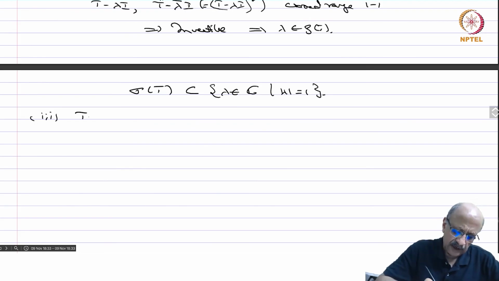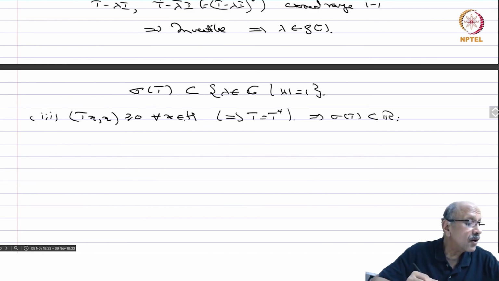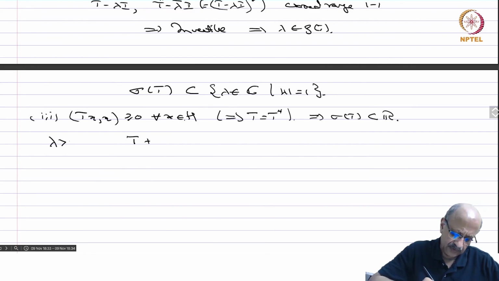So you are given that (Tx, x) is greater or equal to 0 for all x in H, and of course we have seen that this implies T equals T star. Okay, and therefore sigma T is of course contained in R. Now let us take lambda positive.